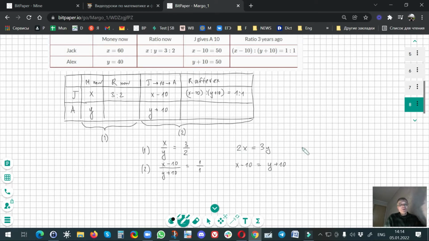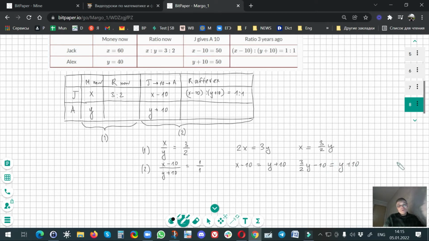It means that I'll have to divide by 2, which will give me 3 seconds y. And then I plug it instead of x into the second equation. It would be 3 seconds y minus 10 equals y plus 10.